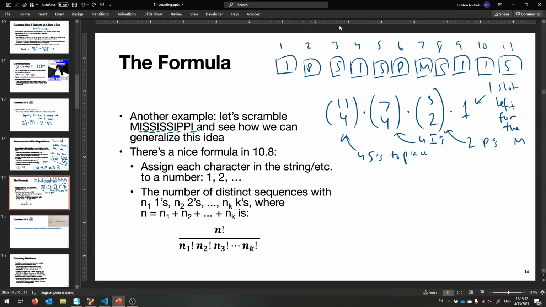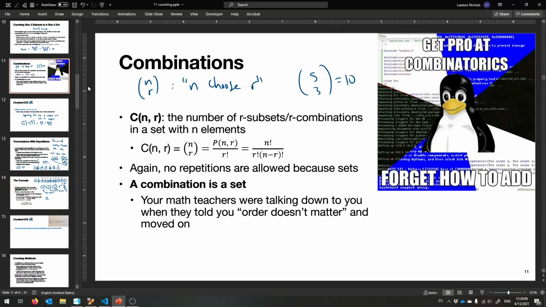All right, so what is 11 choose 4? It's going to be 11 factorial over, and let's do the original definition now, r factorial times n minus r factorial.